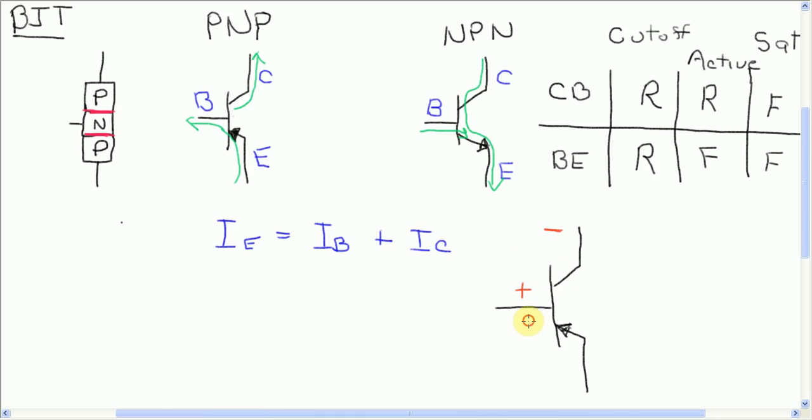And then again, I can set negatives and positives here, and as long as I'm careful on what all these voltages are set for, so as long as the collector is more negative than the base, and the base is more negative than the emitter, we can set it up to be in its active region.